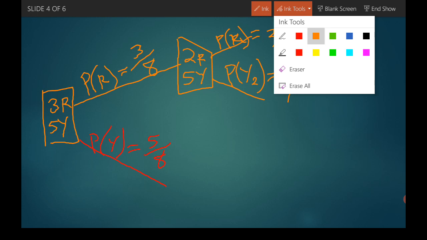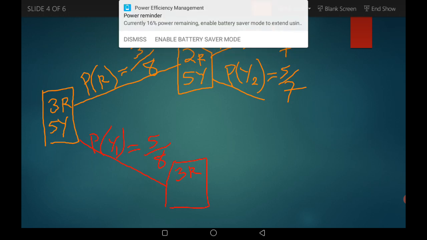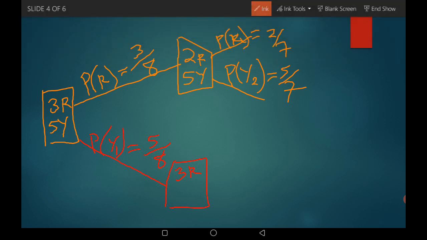Then on the other hand, in case I picked out the yellow ball first, the red balls will remain unchanged. They will remain 3. Remember, without replacement. And since I picked out 1 yellow, it means that I will be remaining with 4 yellow in that box there. Without replacement, you don't replace.